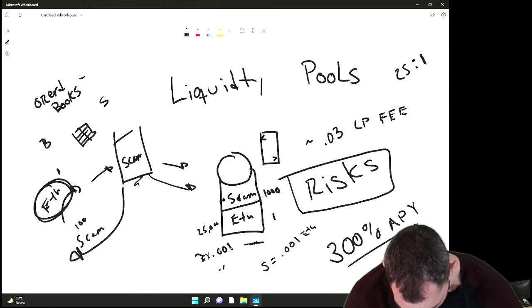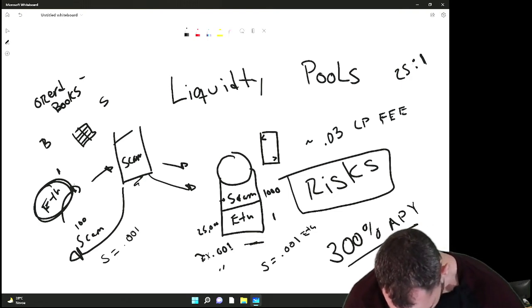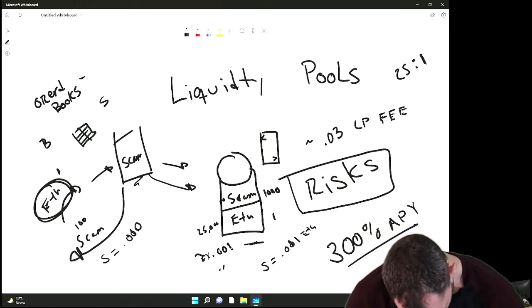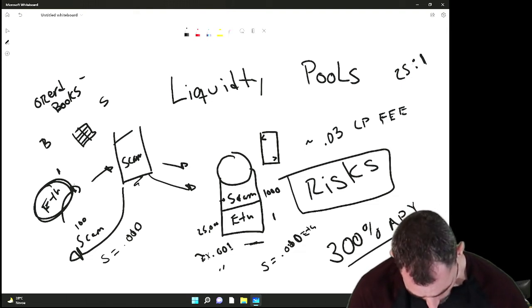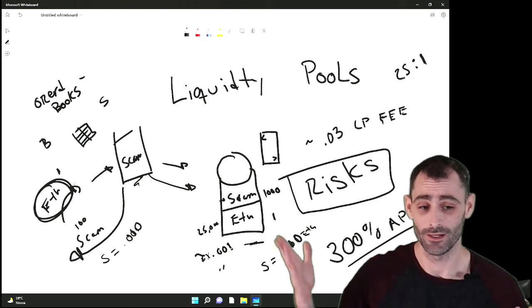But he actually paid over here, one scam coin equal to 0.001 ETH. Oh, sorry. Let's change that. All right, I had to change that a little bit. So he's getting a bad deal if he goes and sells. He's probably not going to sell.